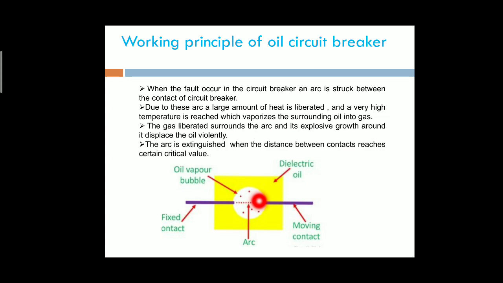Due to that arc, heat energy is developed, and by using that heat energy, the surrounding oil is converted into gas. These are the gas bubbles or oil vapor bubbles. The gas surrounds the arc and its explosive growth around it displaces the oil.